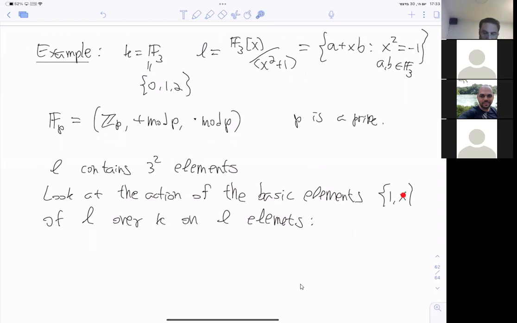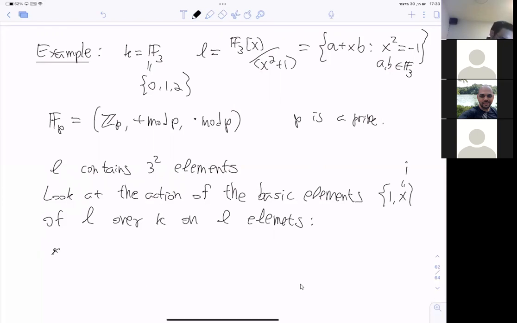Remember this x is just i. We call it i. So what is the action of i on a general element? First take the first basic element, which is 1.